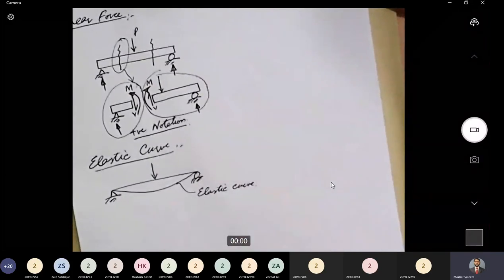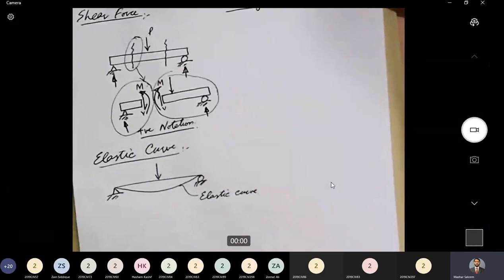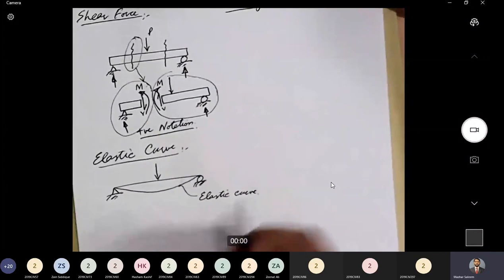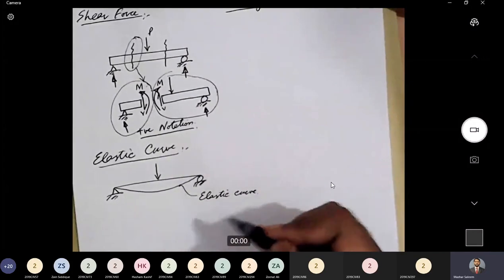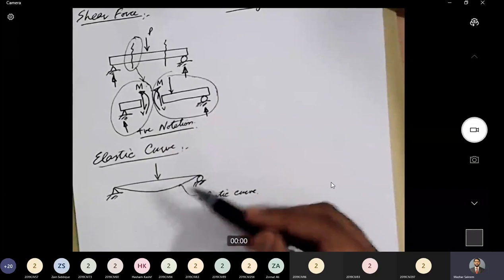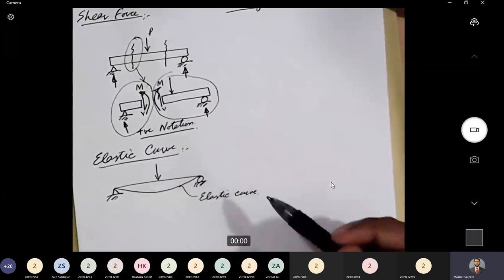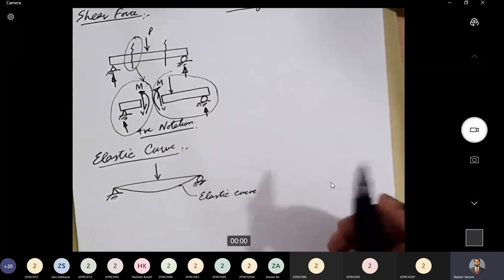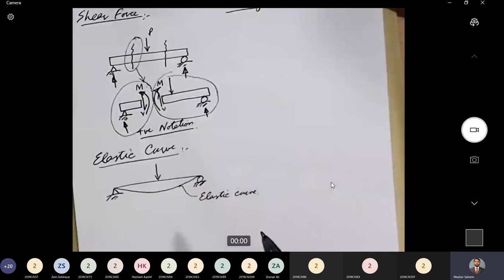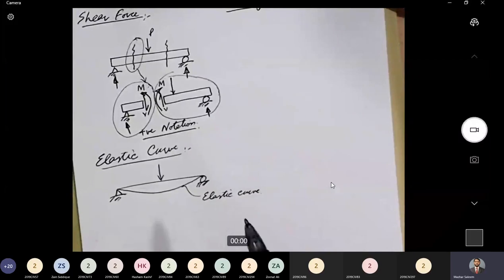If I want to define it in proper words, it would be the deformed shape of a structural member under the influence of external loads while the material is still within the elastic range. I repeat that, the deformed shape of a structural member under the influence of external loads while material is still within the elastic range.